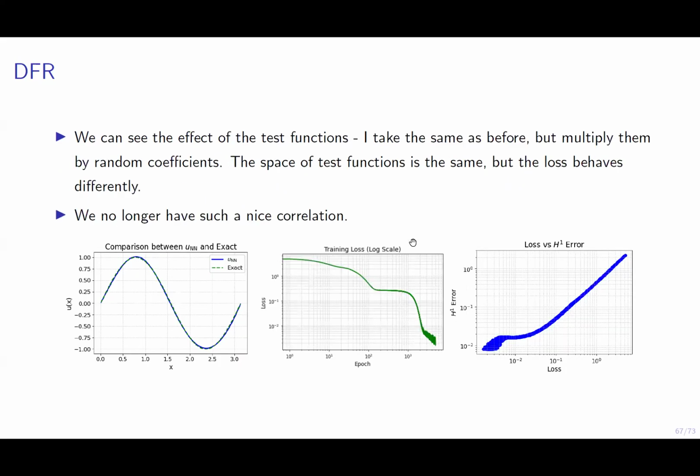Now, one thing to keep in mind: I mentioned that you need to be careful with the test functions that you choose. In this case, I take exactly the same basis functions, but I now multiply them by a random number, I think between 0.1 and 10. So my test function space hasn't changed. This is still a basis for the same subspace of H1.